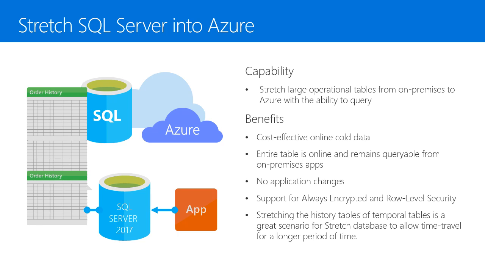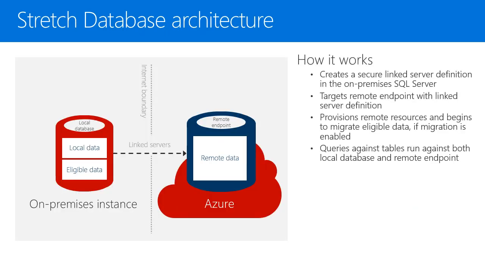It's a cost-effective online cold data solution that is built in to SQL Server. How it works is that it creates a secure linked server definition on the on-premises SQL Server. Of course, you will need an Azure subscription for this to work. The target is a remote endpoint with linked server definitions, and then from there, it provisions remote resources and begins to migrate eligible data.